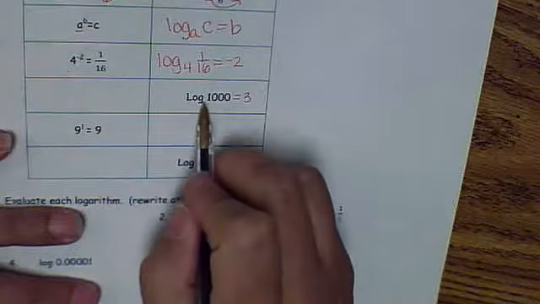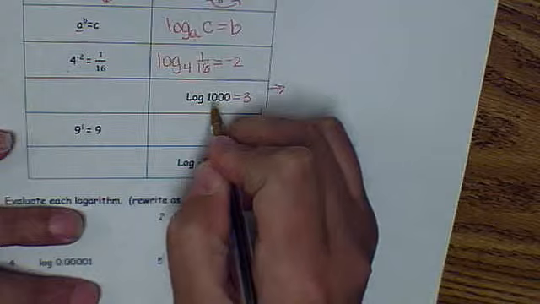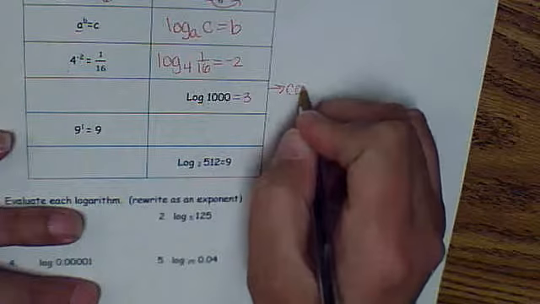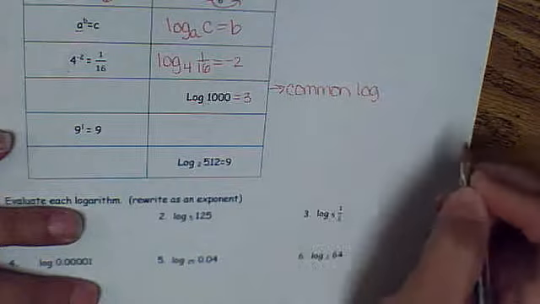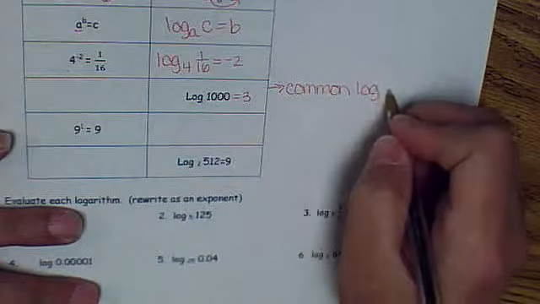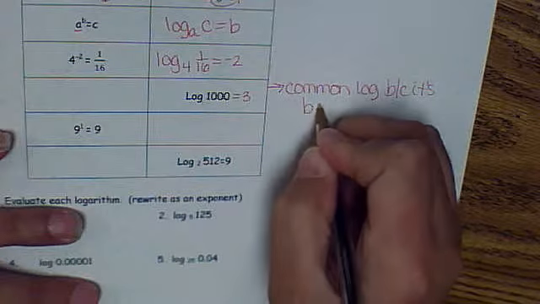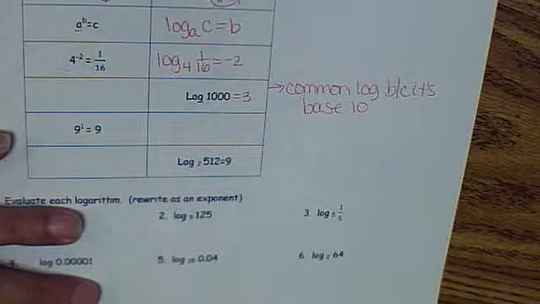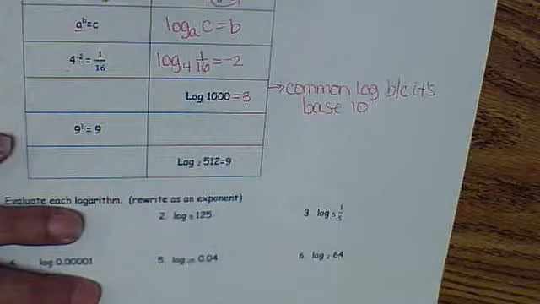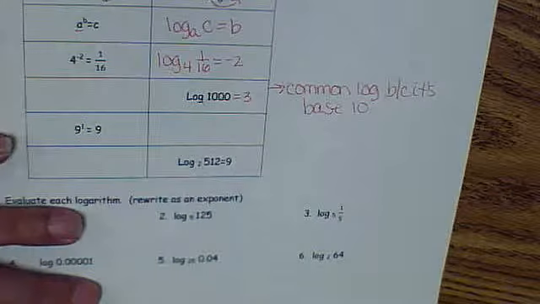Now, you'll notice on this one there's no base. The reason is that log 1000 is called the common log, and it's called a common log because it has a base 10. It's kind of like when we write an x and we don't put the 1 in front of it, or we write the x and we don't put a 1 for an exponent.